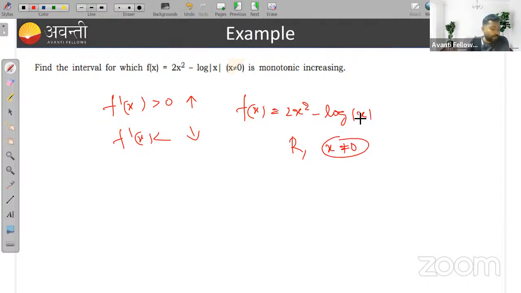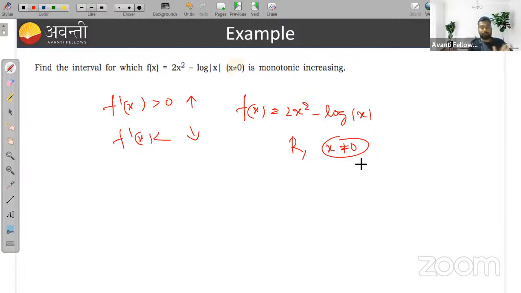Because in place of x, if we take any negative real number also, then log of mod x will be defined. So x is not equal to 0.